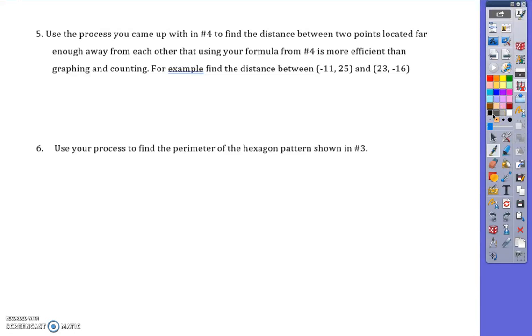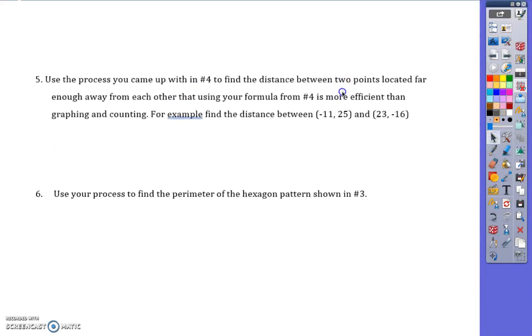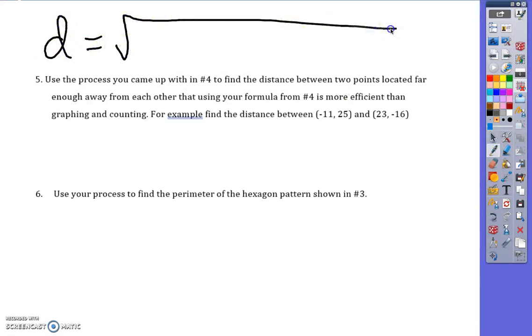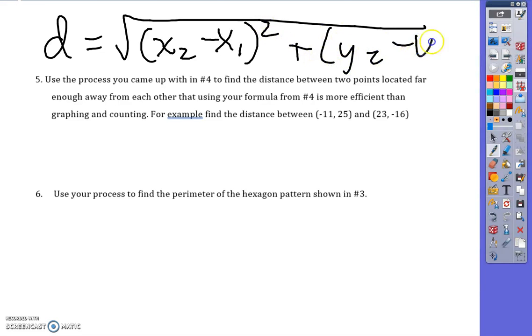I'm going to write it down right up here at the top of the page: d equals the square root of x2 minus x1 squared plus y2 minus y1 squared. And that's the distance formula.